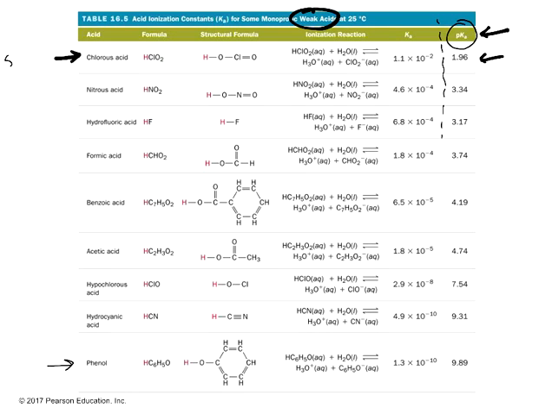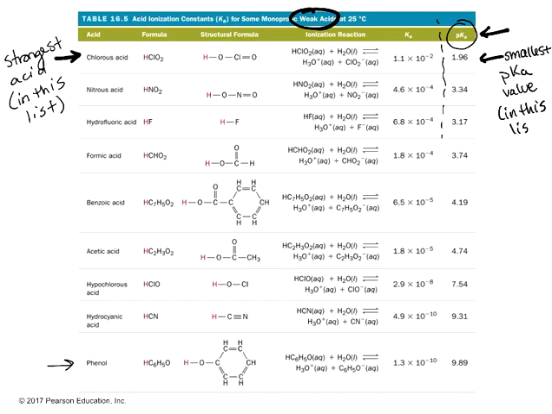And you'll notice that the strongest acid in this list, so again, this isn't actually a strong acid, it's just the strongest one listed, has the smallest pKa value. And at the bottom, we have the weakest acid in this list, and it has the largest pKa value in this list.